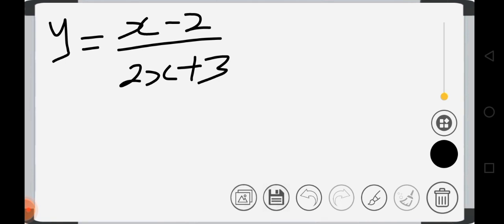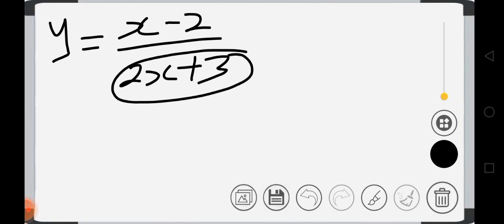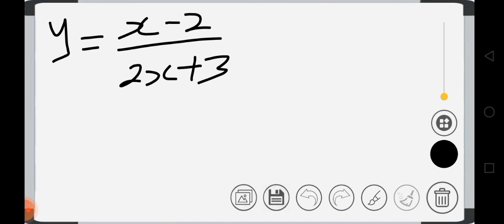Although we can solve it directly by making y the subject and checking when the denominator can be 0, that will be the y asymptote. Then make x the subject and check when the denominator will be 0; that will be the x asymptote. The best way to do it is to linearize the equation.